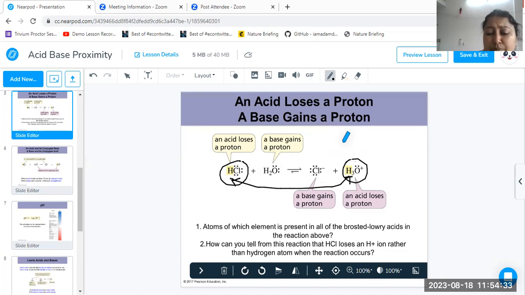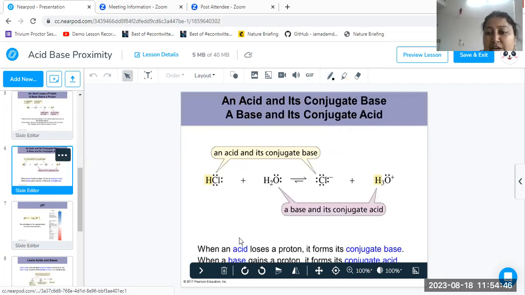Okay, now question 2, group 2. What answer did you come up with? Yes, you are right. We have gone to the next slide here. By looking at the products, we can see that the acid is losing a proton and not just a hydrogen. When an acid loses a proton, it forms a conjugate base.